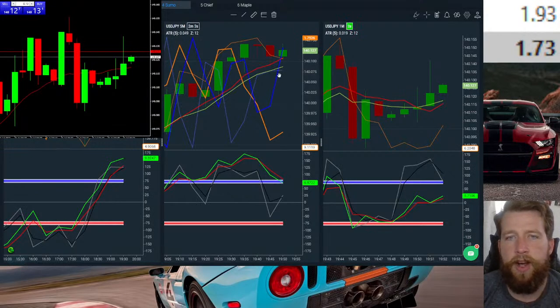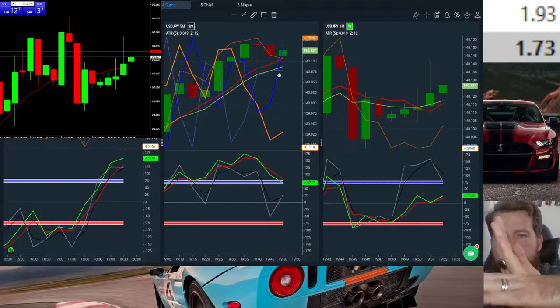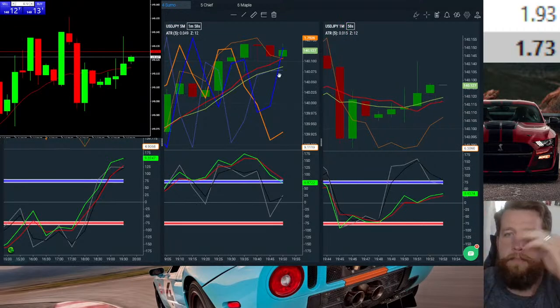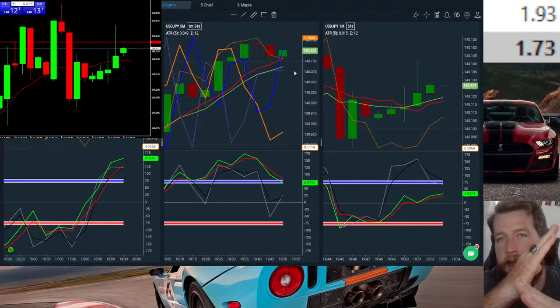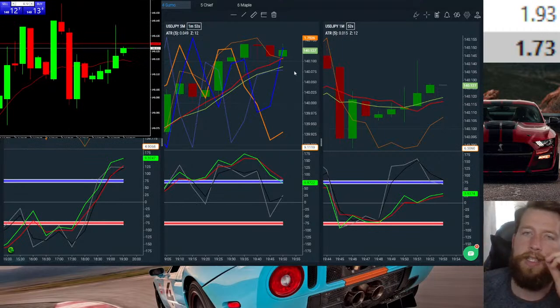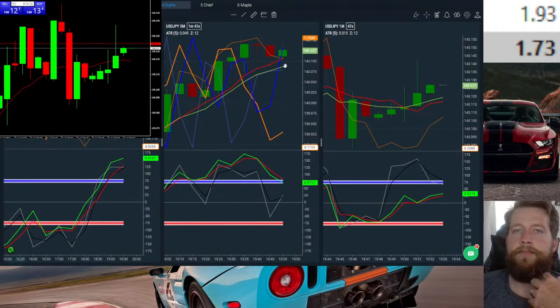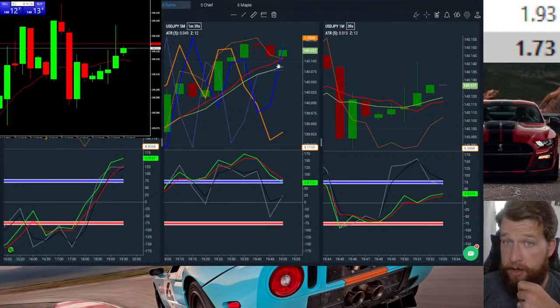Not like this kind of cross where they're crossing like both pointing up. That doesn't count. But an actual X, where it's crossing like that, then you can look at the thick blue line and count that going in the direction of your trade.